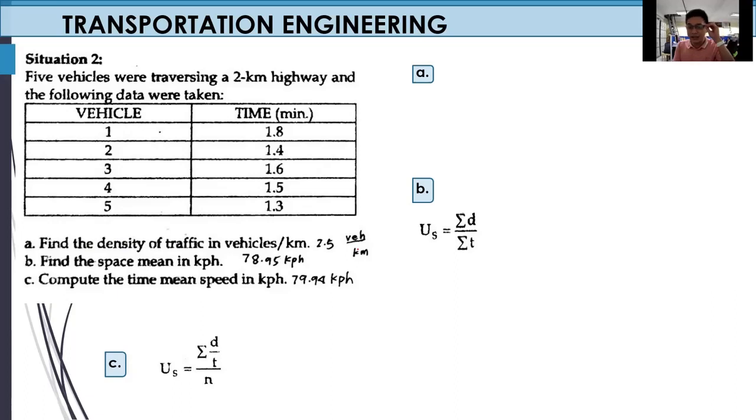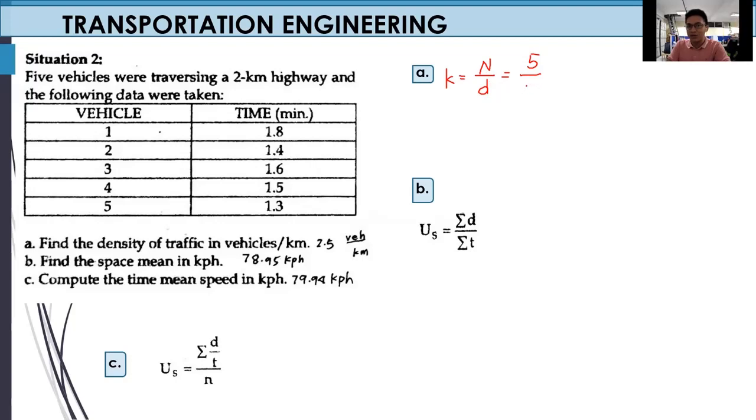So yun yung unahin natin, density of traffic in vehicles. Kanina na-discuss natin yun sa mga formulas natin. Density would be our K, which is equivalent to our N divided by D. So therefore, substitute lang natin N for our number of vehicles, which is 5, divided by our D, which is our distance. So if kanina sa example number 1, L yun, no? In miles, dito is D, it's for kilometers.